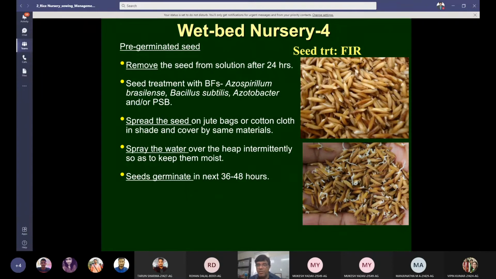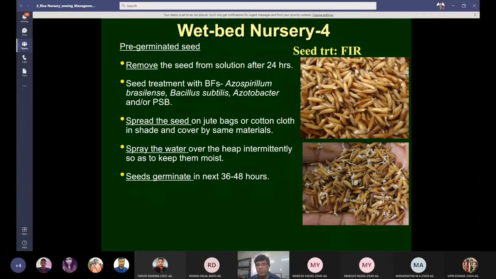Just keep them moist. We have taken them out of the water because in water sufficient oxygen was not there. Now your seed will remain wet and get sufficient moisture. Oxygen is there and you have covered it, so they will get a little warmer temperature. Therefore, germination is fast. The seed germinates in the next 36 to 48 hours.